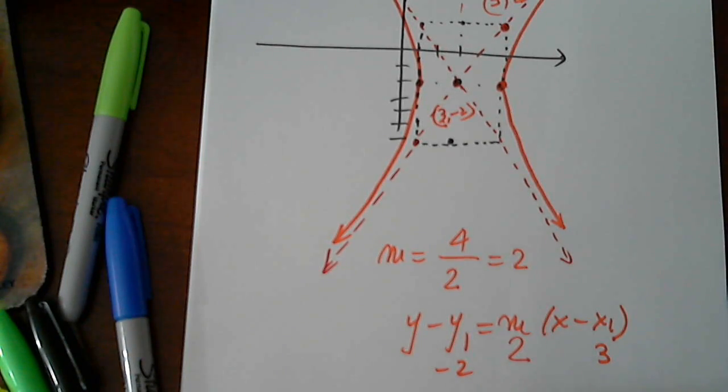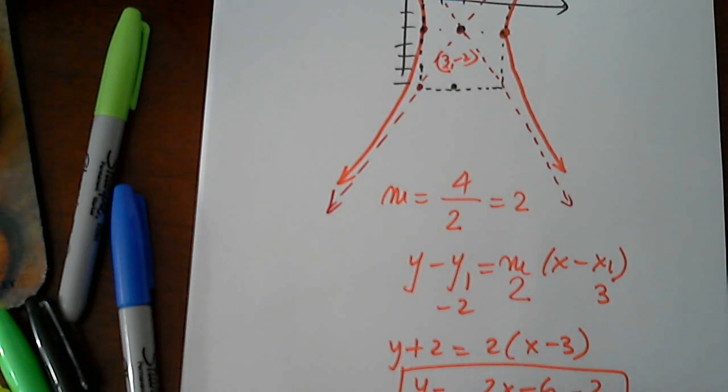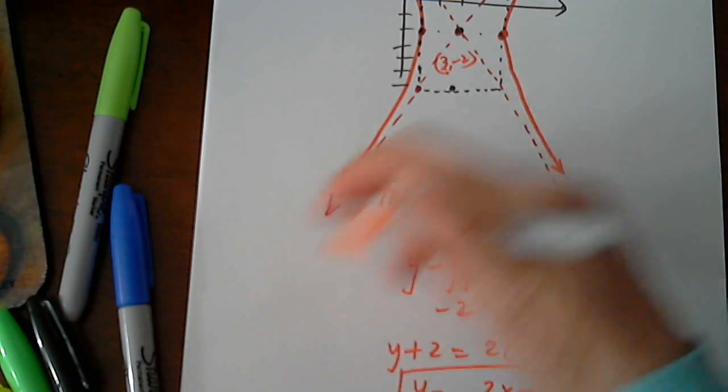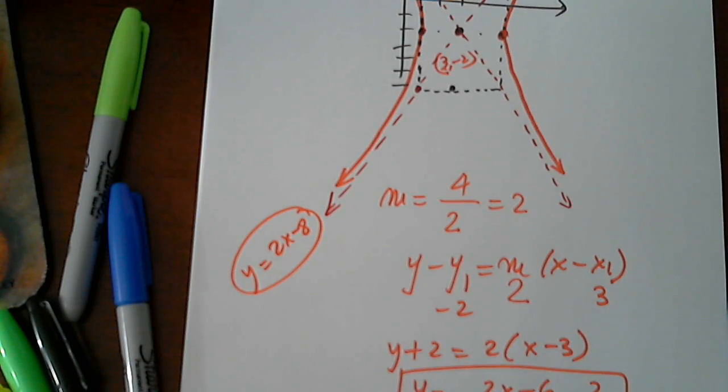So y plus 2 equals 2(x minus 3). I distribute: 2x minus 6 minus 2. So this is one asymptote, which is 2x minus 8. So this line is y equals 2x minus 8.